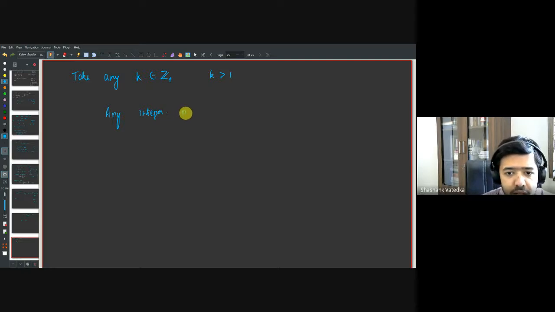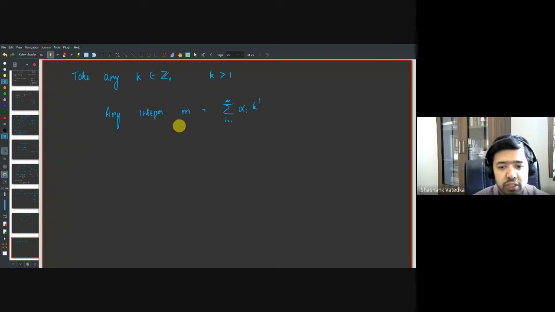n. You can write this as a summation of alpha i times k to the i, with i from 1 to infinity, let us say. Where many of these alpha i's could be 0, right?